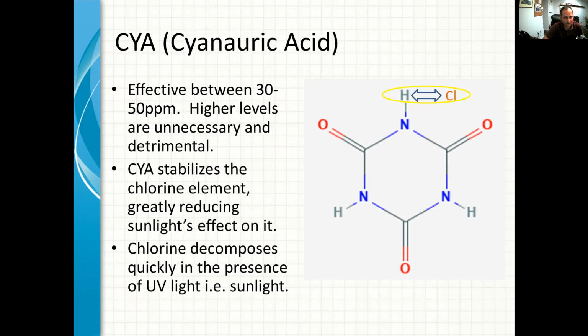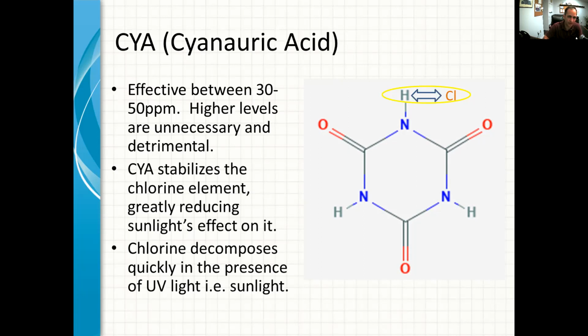So when people talk about stabilized versus unstabilized chlorine, the trichlor, the tabs, and the dichlor, the powder, are stabilized. The dichlor has two chlorines on the molecule, instead of an H, and the trichlor has three chlorines, in each of those spots.